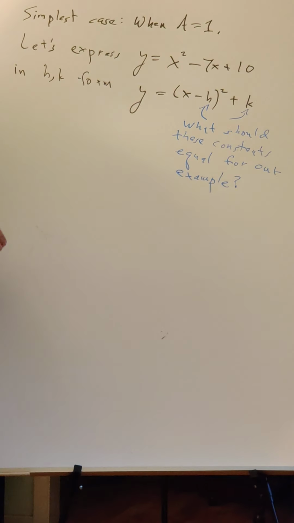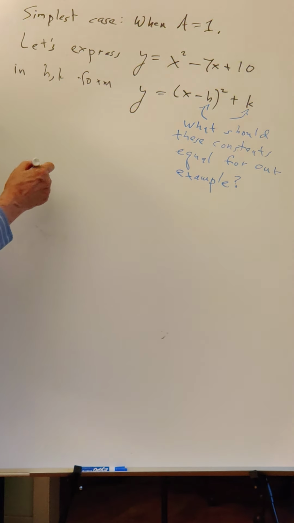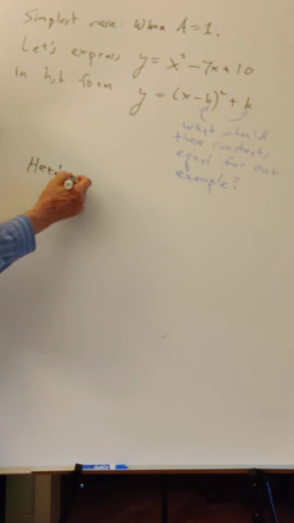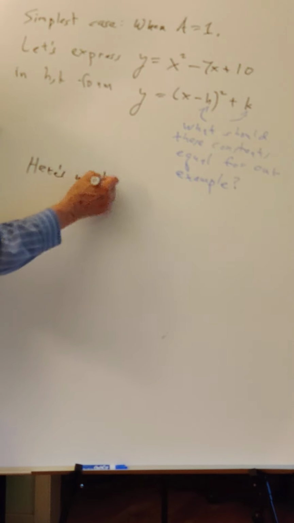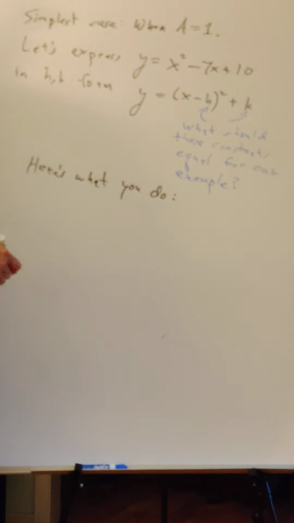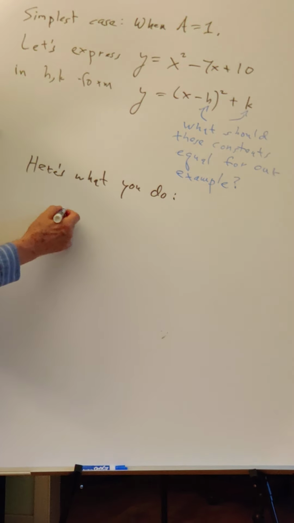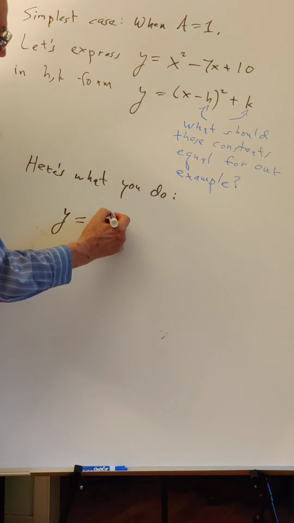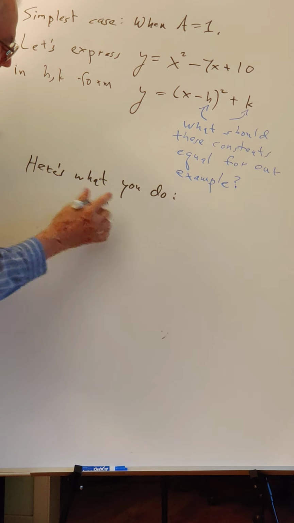All right, so here's what you do. Start with x squared minus 7x plus 10.